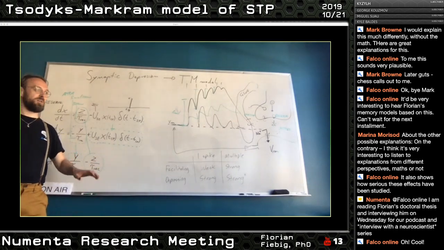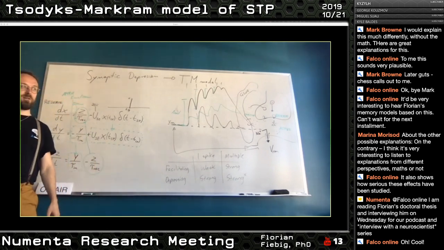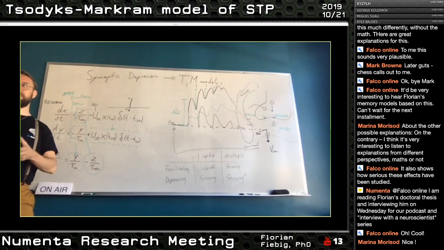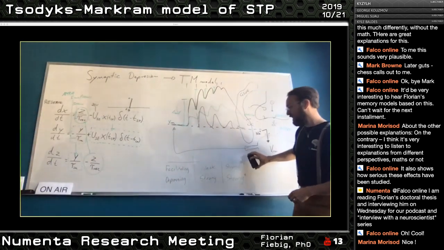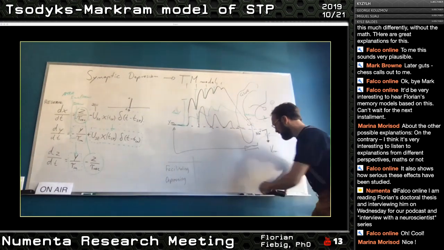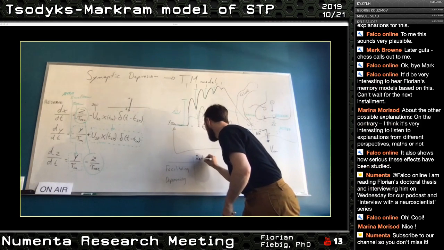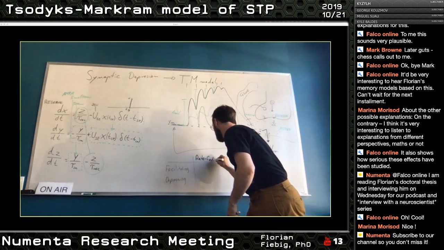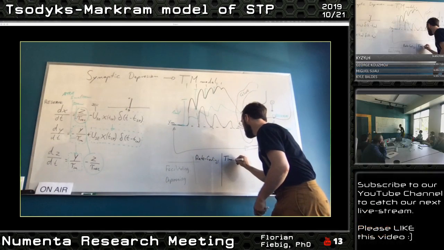So then you rather want either a non-depressing one or, even better, a facilitating one, right? That has active mechanisms that help you transmit a firing rate to the postsynaptic side. So instead, the categories are rate coding and time coding.